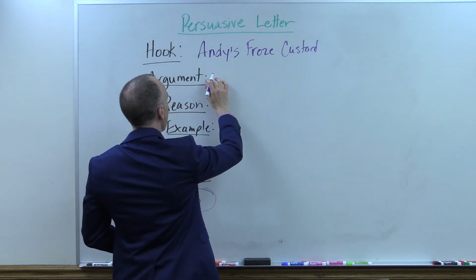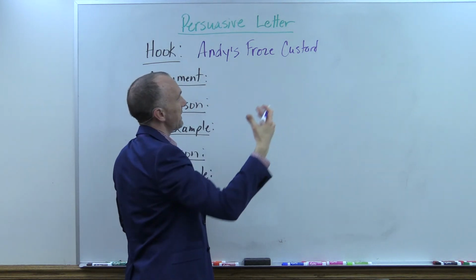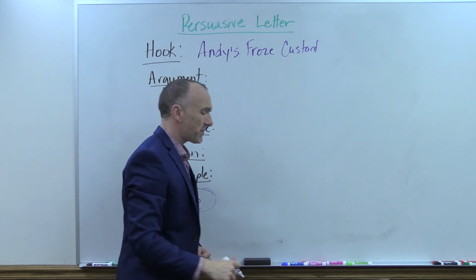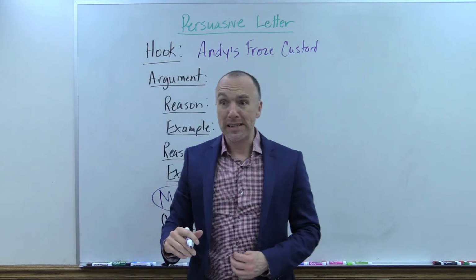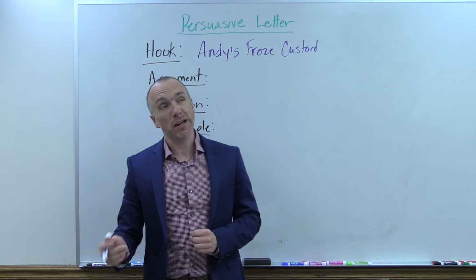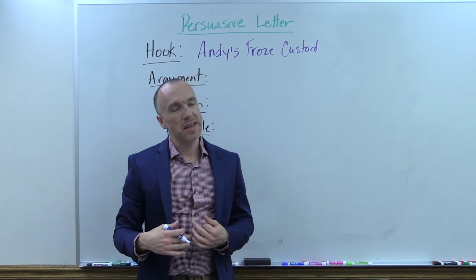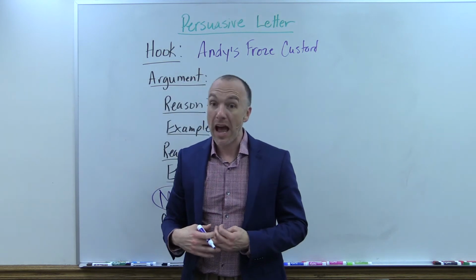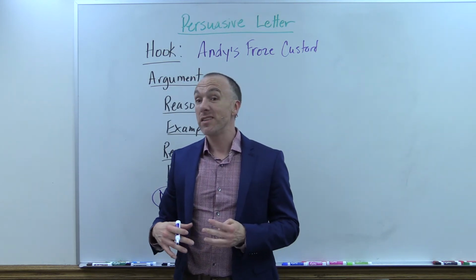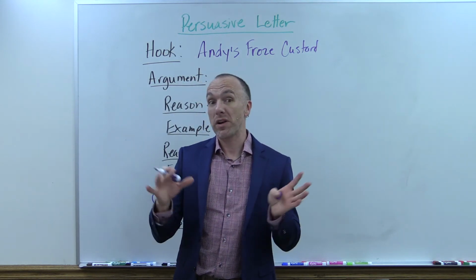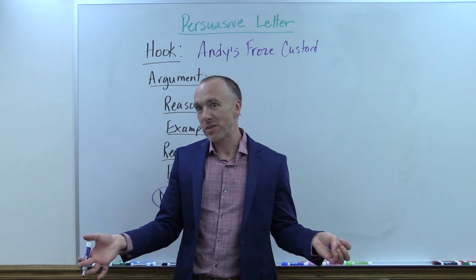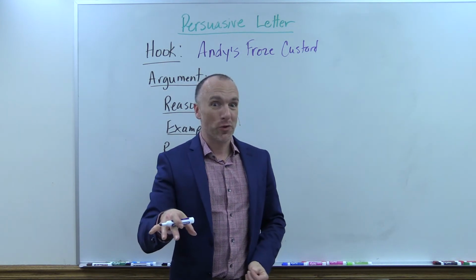Now, what is my argument? What is it that I want them to get for me? Well, I did my brainstorming activity and I tried to think of what would I like for my kids to get for me? Well, I didn't really have something that I said that I wanted them to get for me, but it was something that they could do for me.